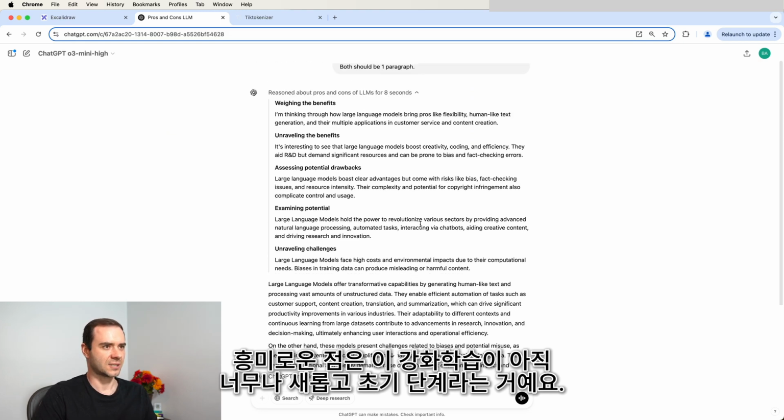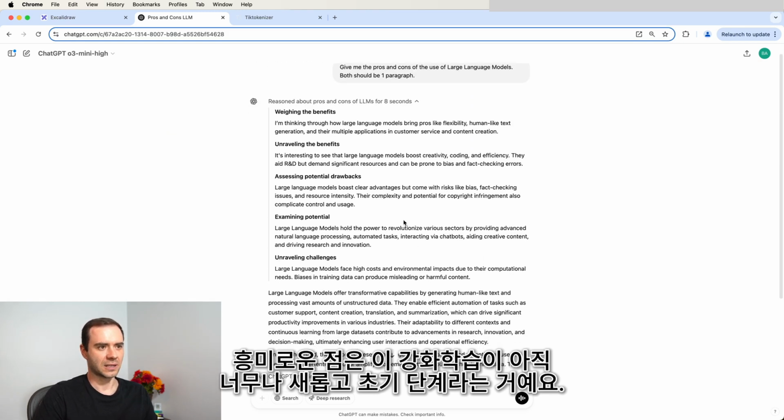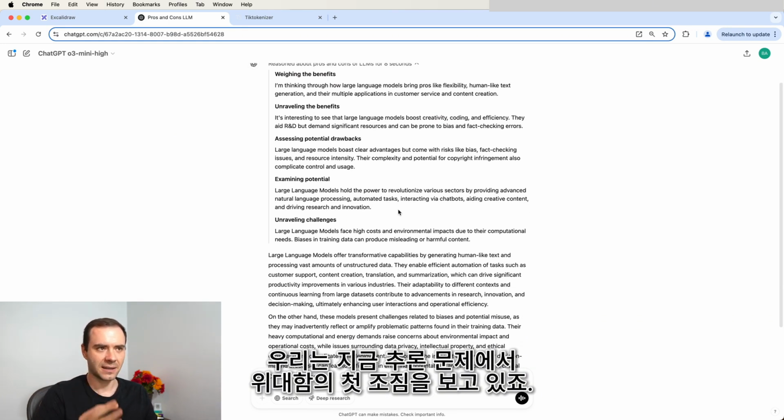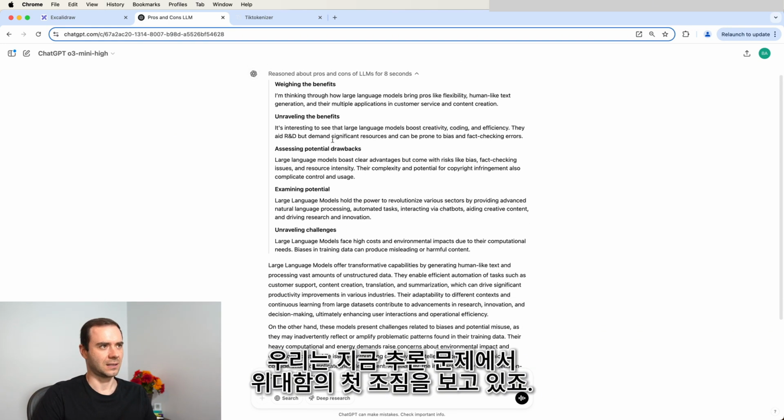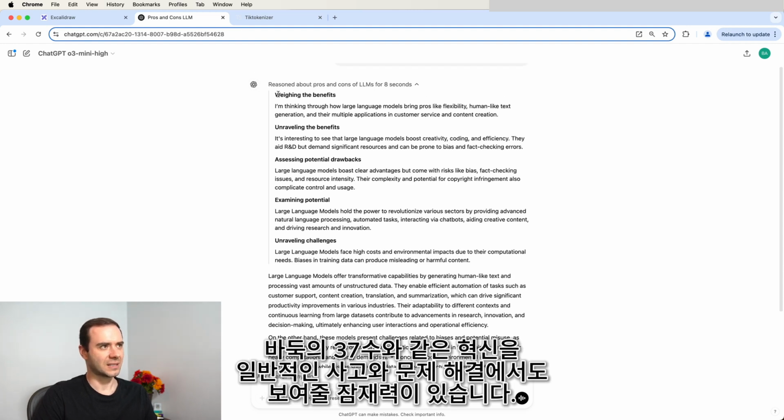The other thing that's interesting is that this reinforcement learning here is still way too new, primordial, and nascent. So we're just seeing the beginnings of the hints of greatness in the reasoning problems. We're seeing something that is in principle capable of something like the equivalent of move 37, but not in the game of Go, but in open domain thinking and problem solving.